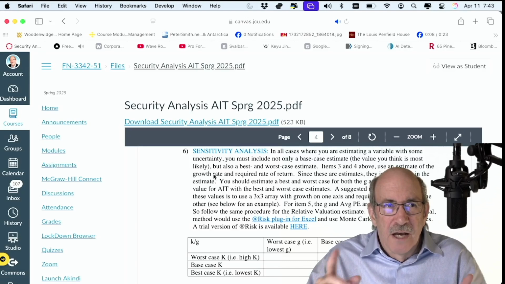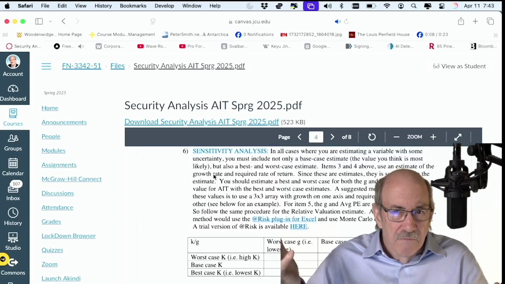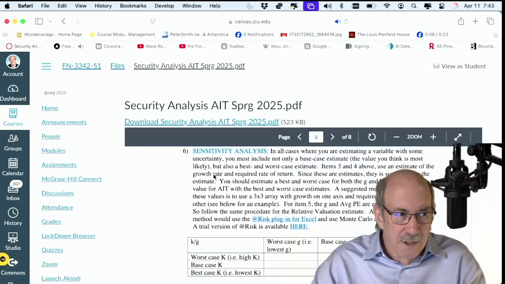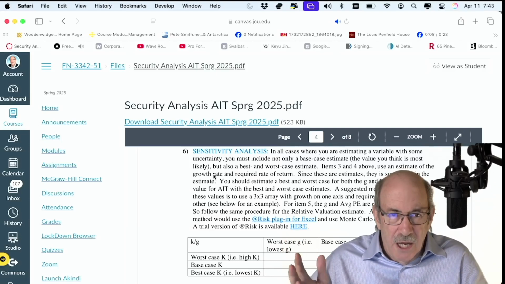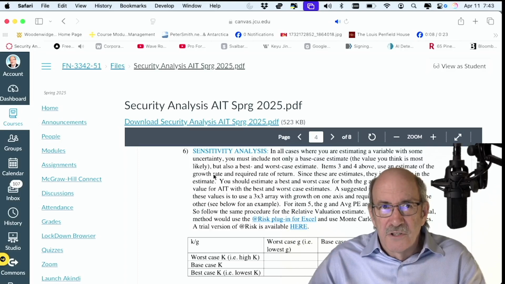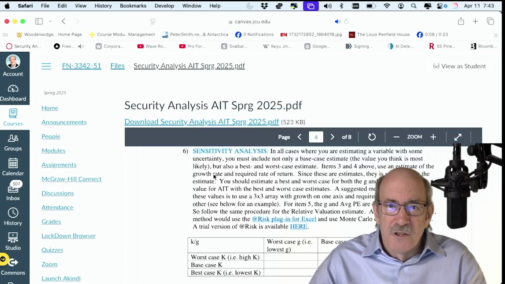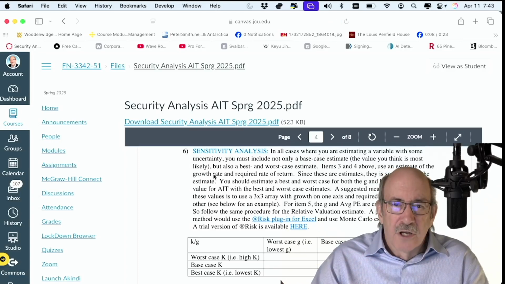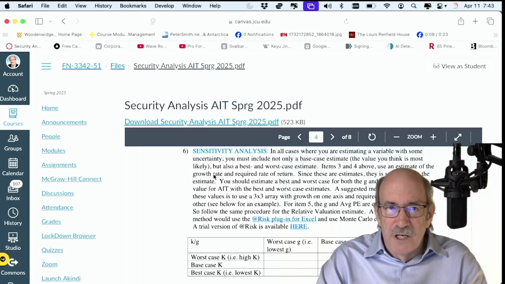Just plug in a K and a G that makes sense. Put in 5% G, 10% K, and then when your teammate gets the actual G and the actual K, you can change it, and everything will update immediately. Thank you. Sure. Appreciate it. Yeah, that's the beauty of spreadsheets.